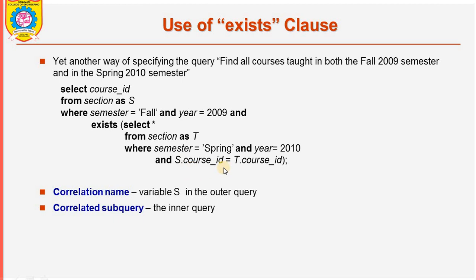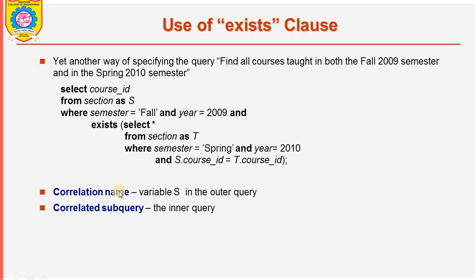So this matching is going on. This course_id has scope here inside the subquery, hence it is called a correlation name, or correlated subquery. That is, the scope of evaluation or execution of course_id is also inside this subquery.